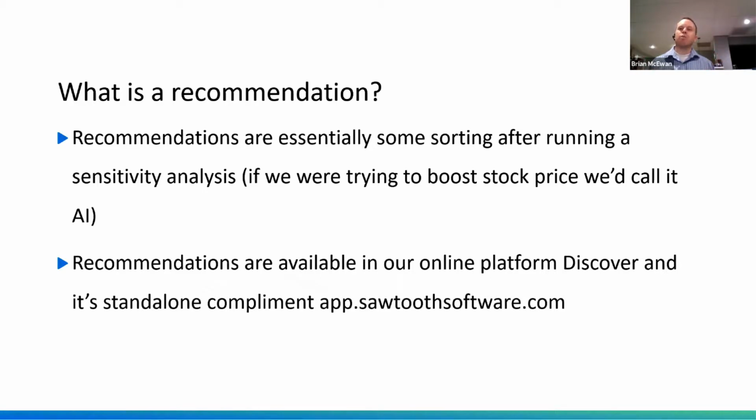We're going to run a particular product through all levels of an attribute. And then we're just going to sort that essentially best to worst, apply that AI to it in order to give you the best to the worst changes that you can make. So recommendations are a simplified approach to improvements that are available in our online platform Discover, and its standalone complement, which is available at app.sawtoothsoftware.com.